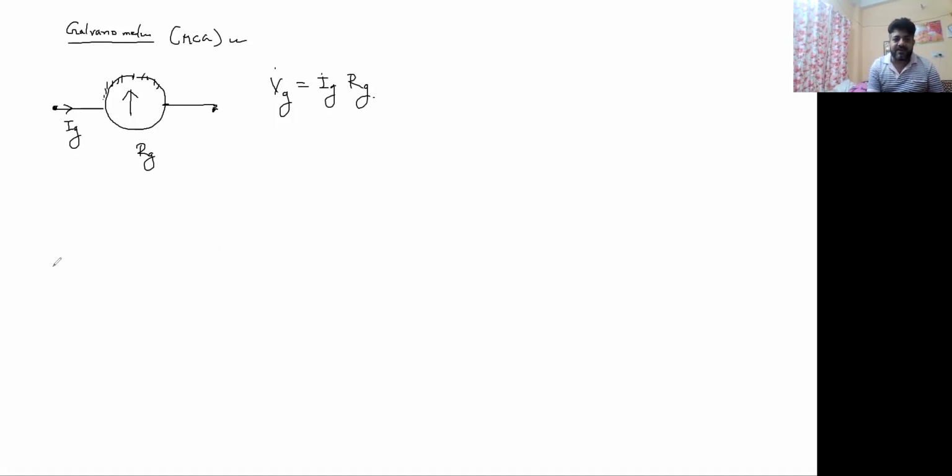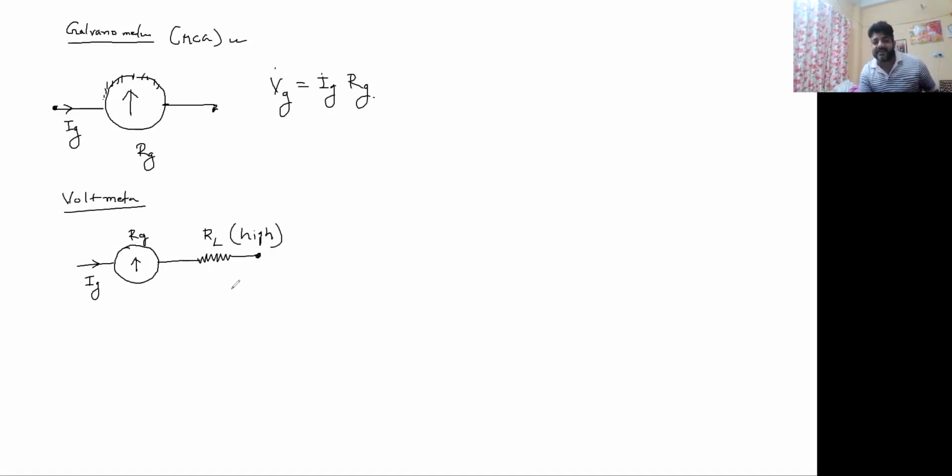So how do you convert a galvanometer into a voltmeter? Basically, a voltmeter is a galvanometer with which we connect a very high resistance in series. Once we connect a very high resistance in series with a galvanometer, it is no longer a galvanometer. Now it is a voltmeter.